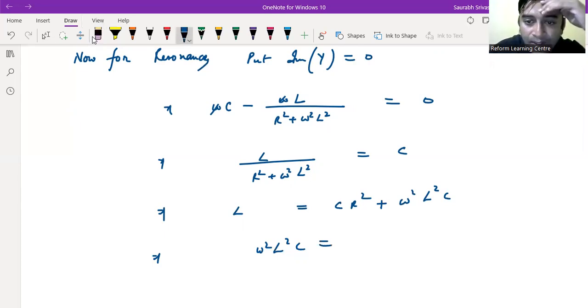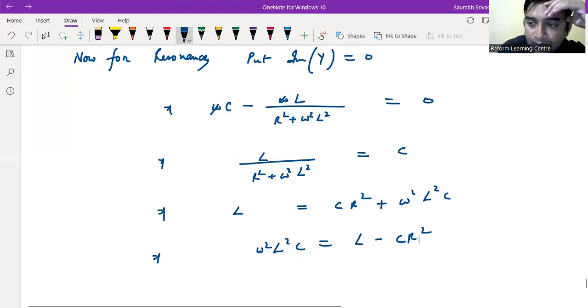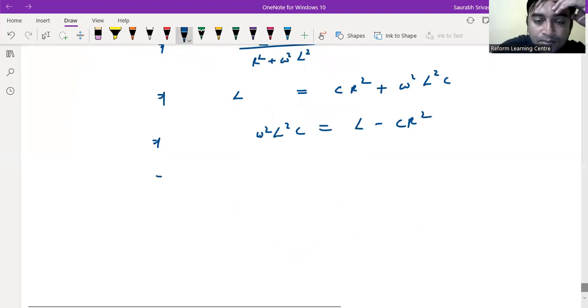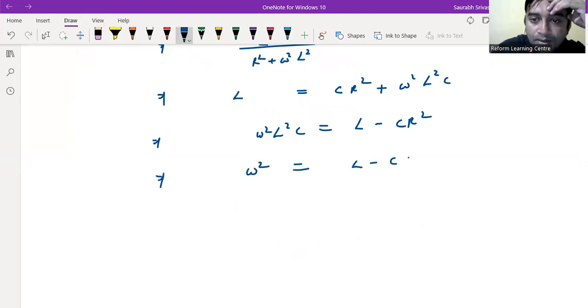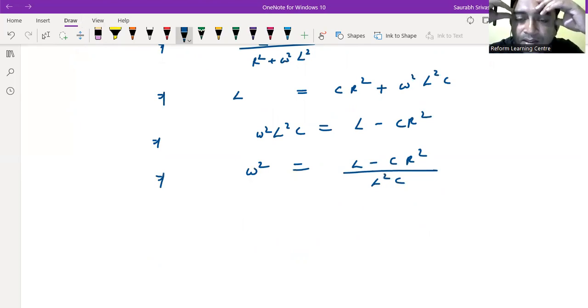This will be L minus C R square. Again cross multiplication, omega square is equal to L minus C R square upon L square C. करेक्ट है? जी सर.